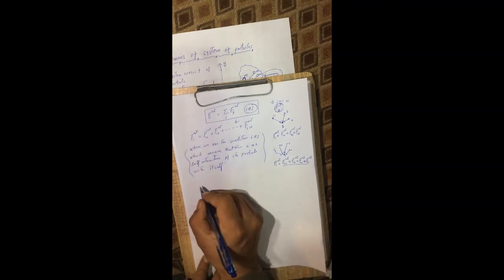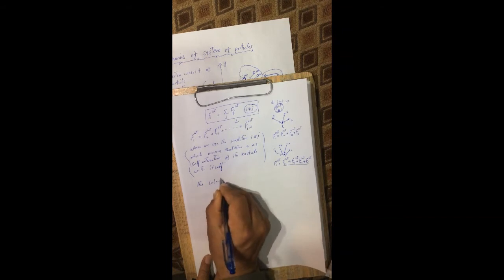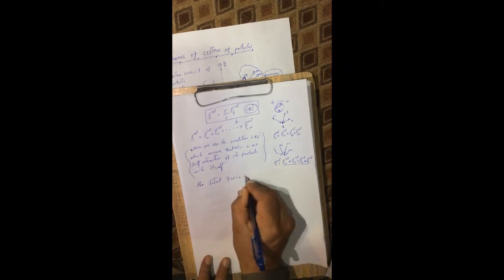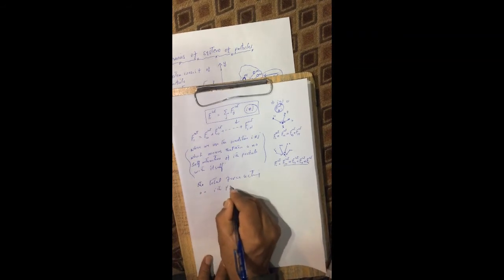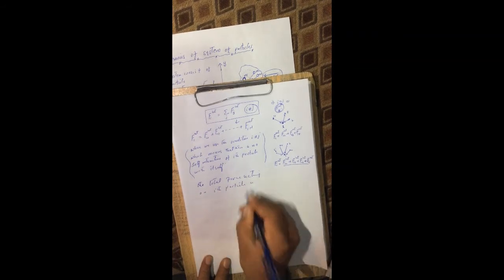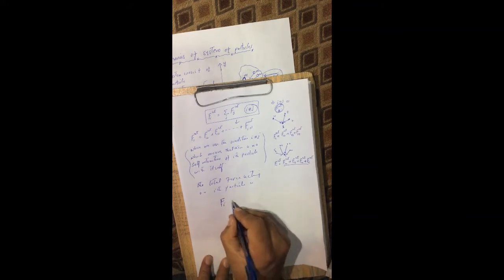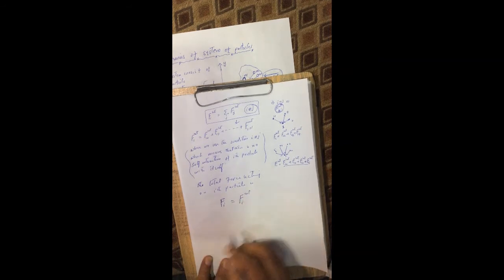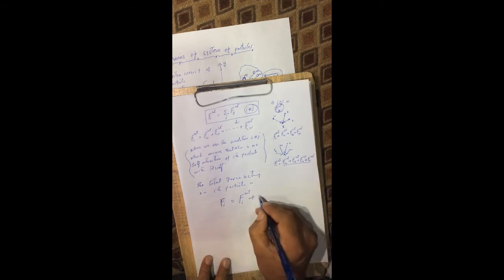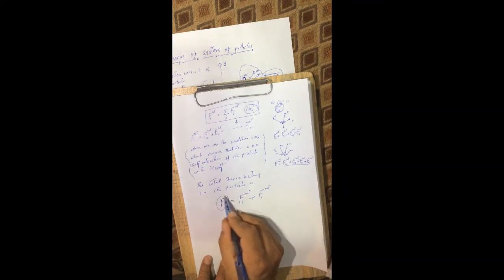So it means that the total force acting on the ith particle, which I represent by F_i, is the external force acting on the ith particle plus the internal force, F_i internal.